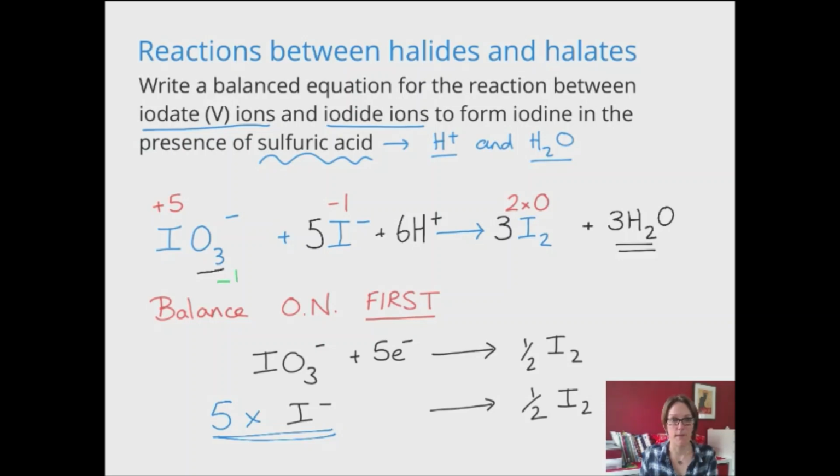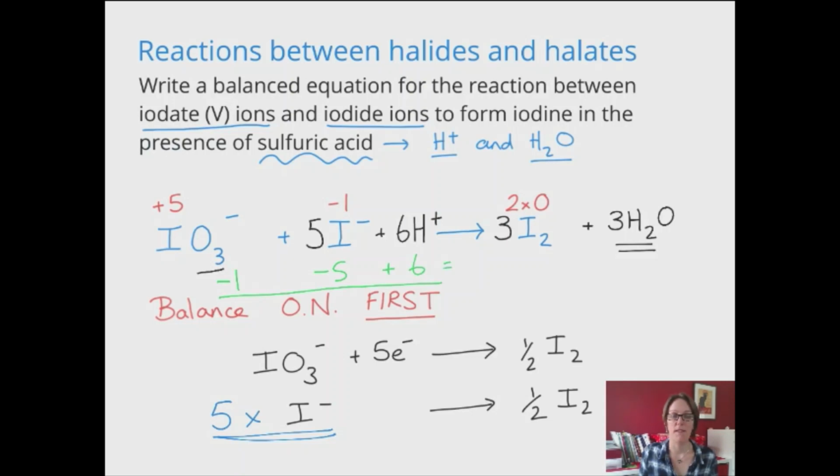So there don't need to be any electrons, but I can still check the charges balance because that still needs to be true of any equation. So on the left-hand side, I've got -1 from my IO3 minus. Don't get confused about the oxidation number of the iodine, which is +5, and the overall charge on the ion, which is -1. So -1 minus 5 is -6, +6.